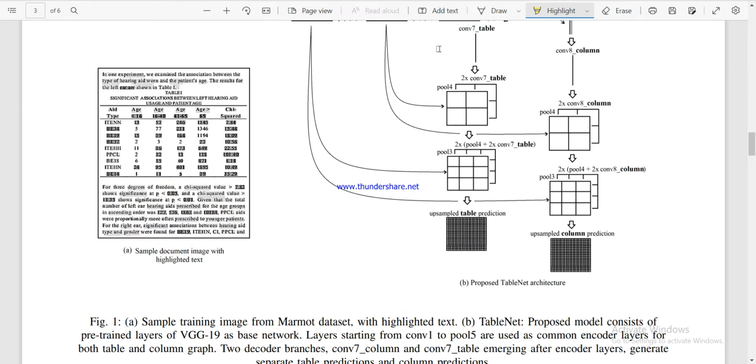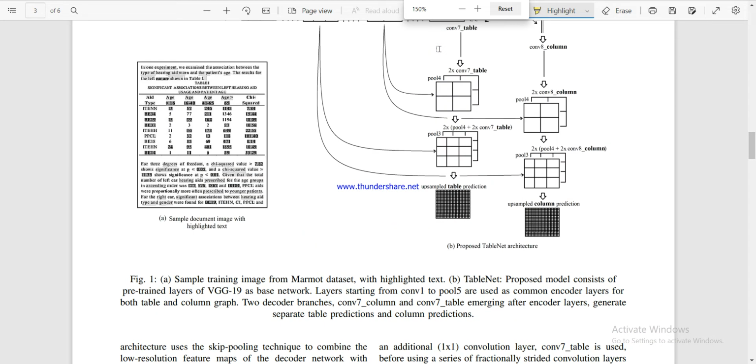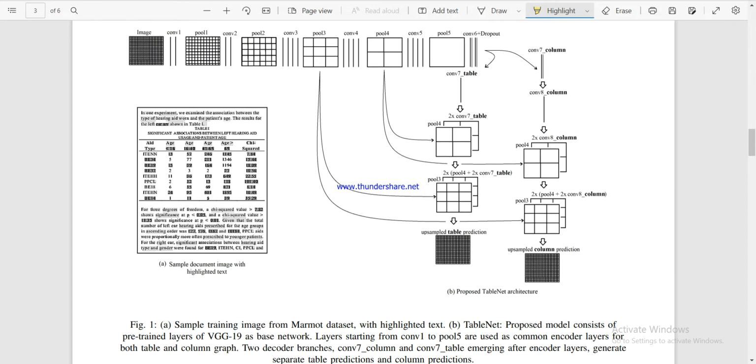Let's see what is happening in their proposed model. The image is converted into 1024 by 1024 after RGB conversion. This is a sample image from the Marmot dataset, which contains these kinds of images. The TableNet architecture consists of pre-trained layers of VGG19.